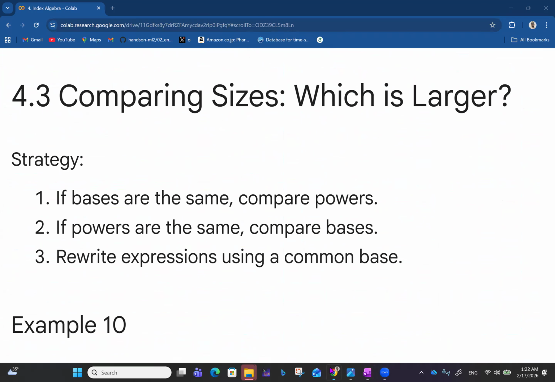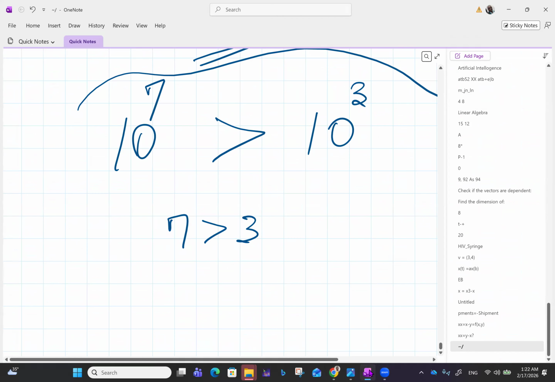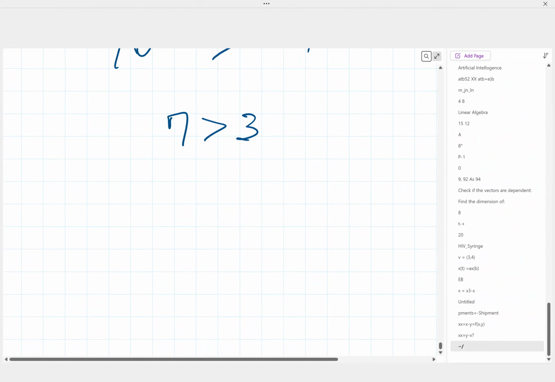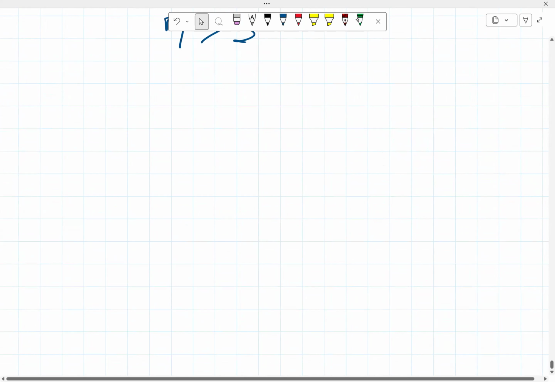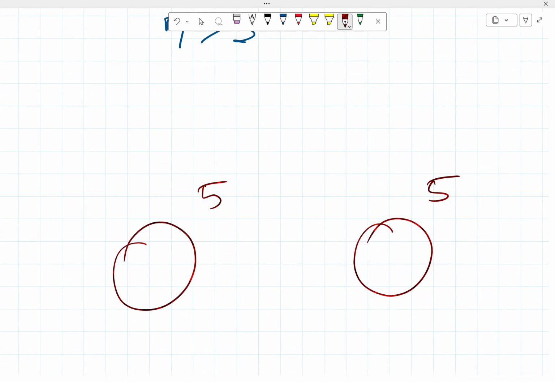On the other hand, if the powers are the same, you compare the bases. Imagine you have something power 5 and something power 5. Powers are the same, confirmed. But then you have to compare these numbers.